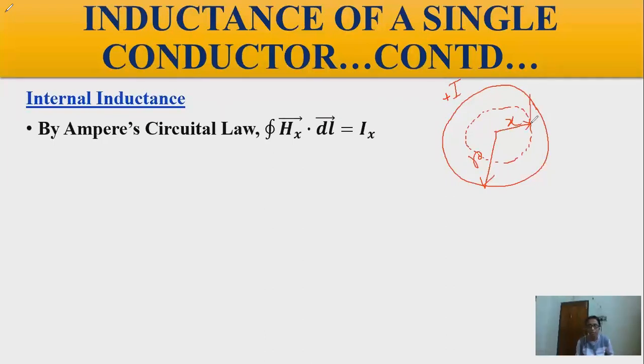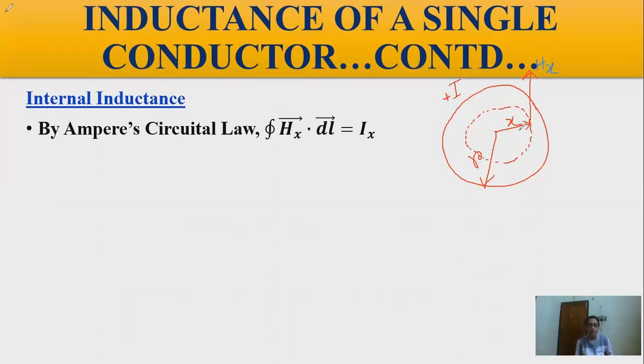First of all, we have to find out the magnetic field intensity at this point. The direction of magnetic field intensity will be tangential at this point.